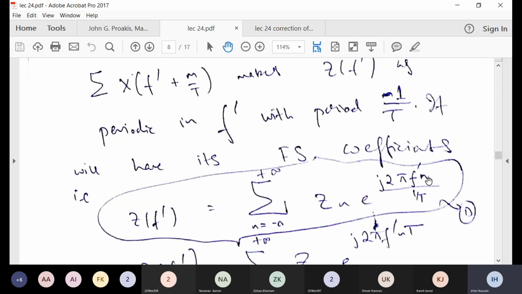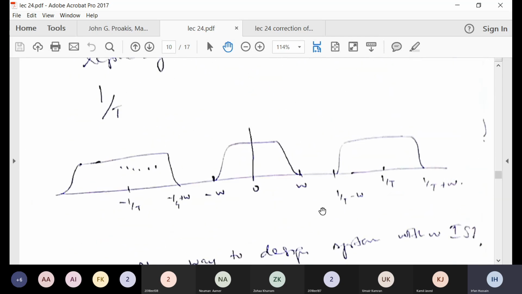This will be T for n is equal to 0, and for n is equal to minus 1 this will also be equal to T. So putting these values you will get your Z of f dash.